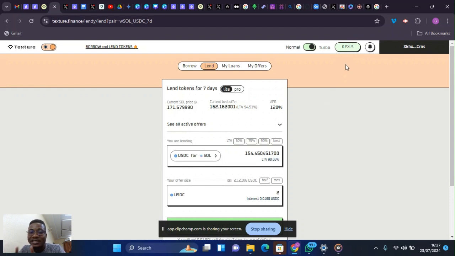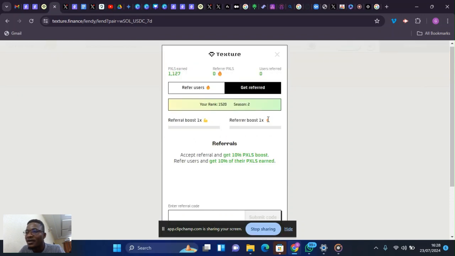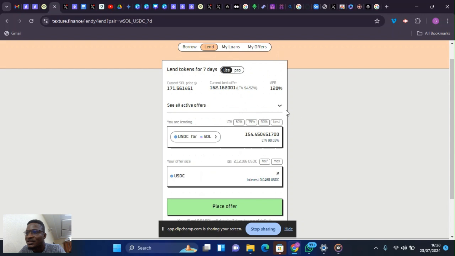Another way to increase your points is by referring. You can refer your friends, fellow traders, people to borrow and lend, and you get a 10% boost for every referral you make. Every one of their transactions and activities gets you 10%.